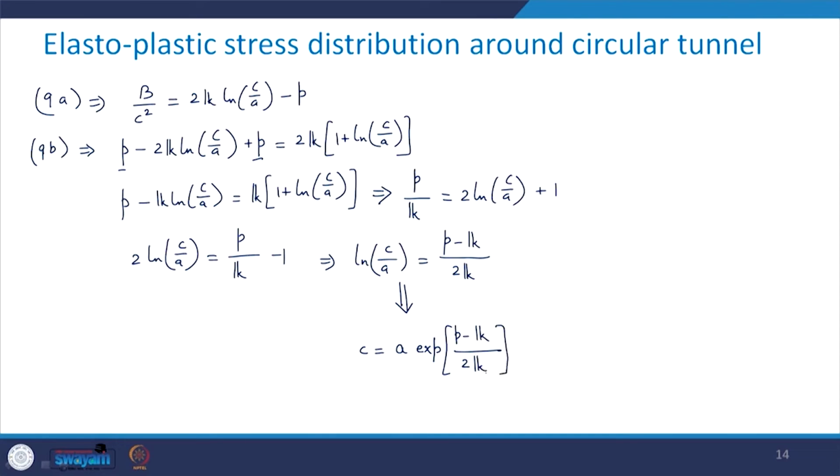So, this is how the radius of this elastoplastic boundary is obtained in terms of the other quantities.